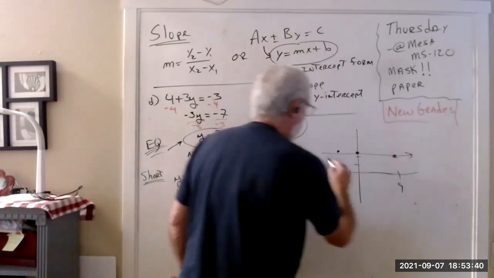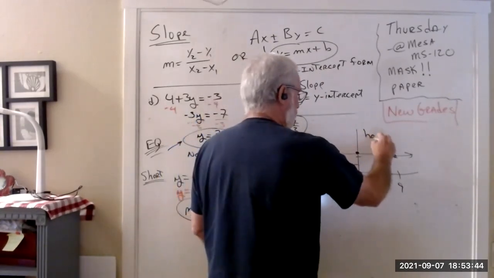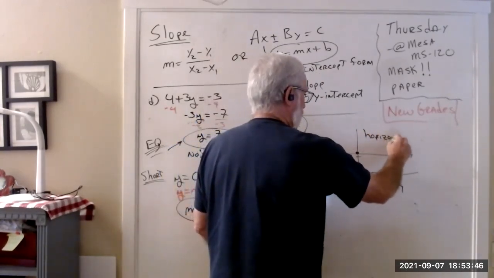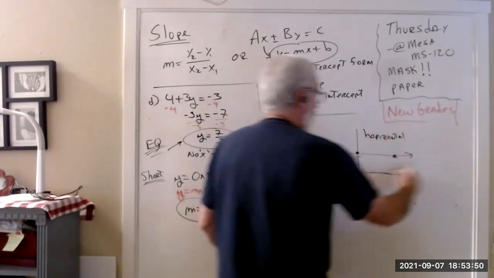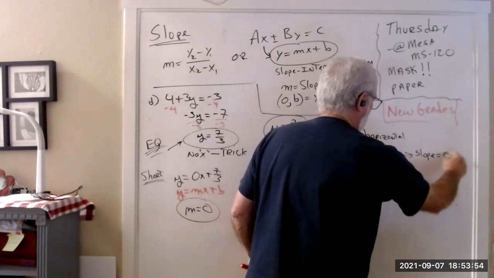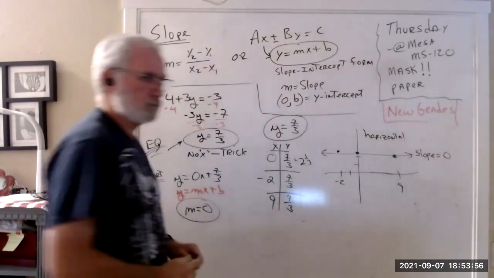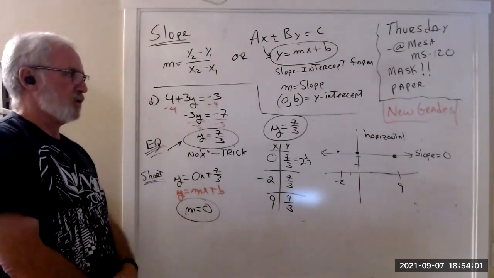So we can look at this, it's a horizontal line. All horizontal lines have a slope of 0. That's guaranteed. Every horizontal line in the world has a slope of 0.